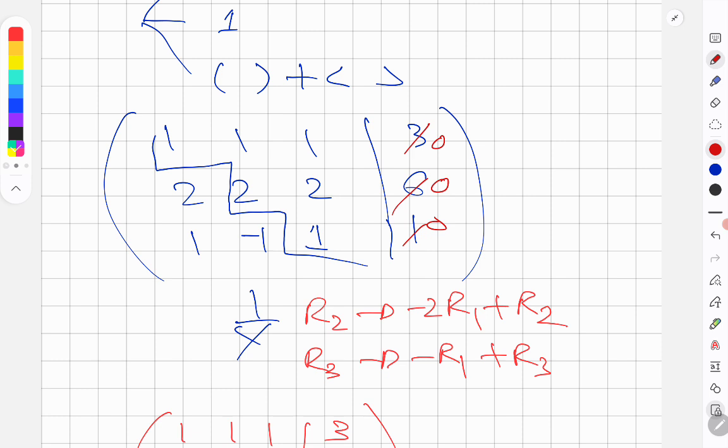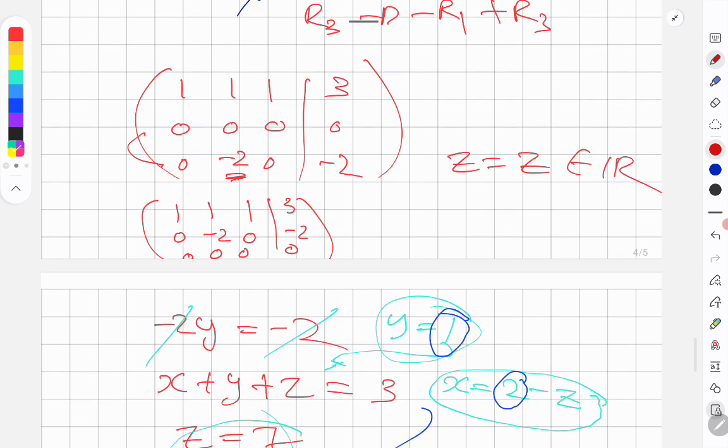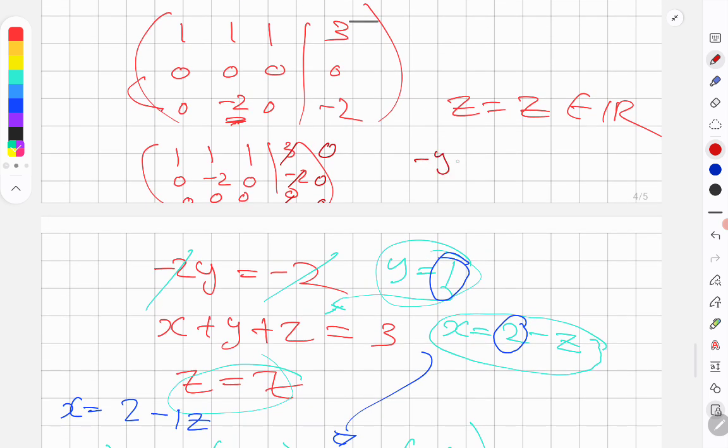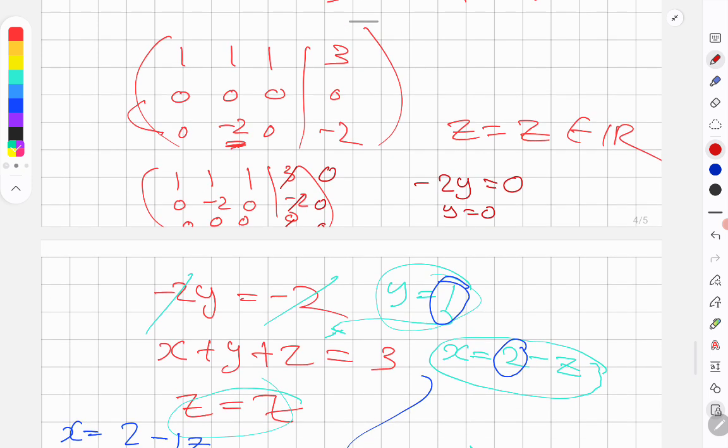No matter if you multiply 3 over here, you add it over here, it's the same. So at the end you will have 0 0 0, right? So you will have minus 2y equal to 0, y equal to 0. You will have z equals z, a free variable, and you will have x plus 0 plus z equal to 0.